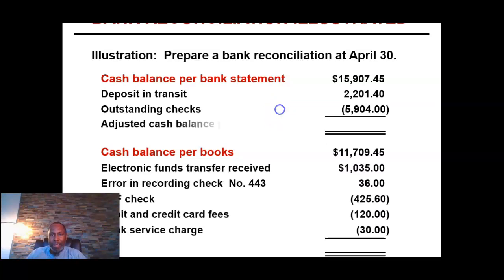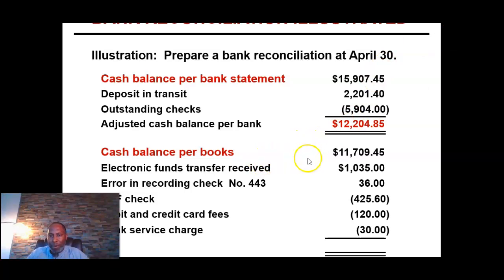Come back to the bottom half to get our adjusted cash balance. So begin with the balance shown on the bank statement, add our deposit in transit, subtract out the outstanding checks. So our adjusted cash balance should be $12,204.85. If that's correct, you now have a check figure.